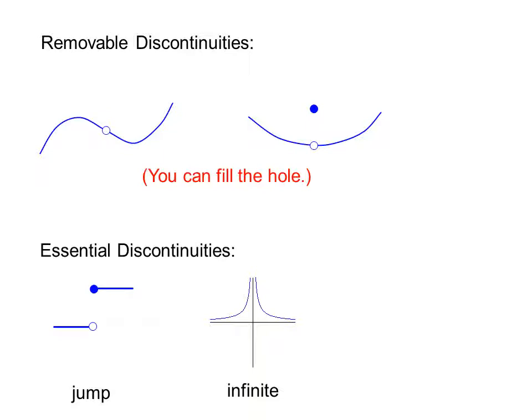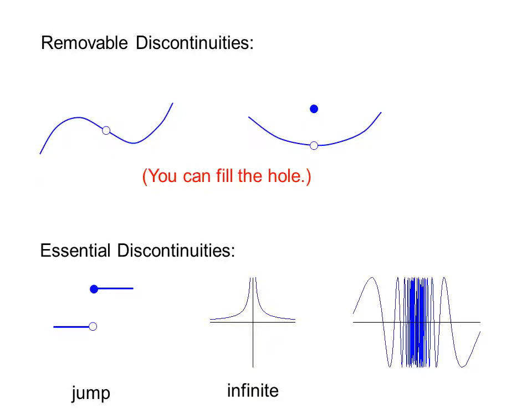And the final example is my favorite discontinuity, and I hope soon to be yours, the oscillating discontinuity. In none of these cases can we just fill the hole with one point. Interestingly enough, in the oscillating discontinuity, if we zoom in and keep zooming in, it still looks just like this. We can't really tell what happens in the center.